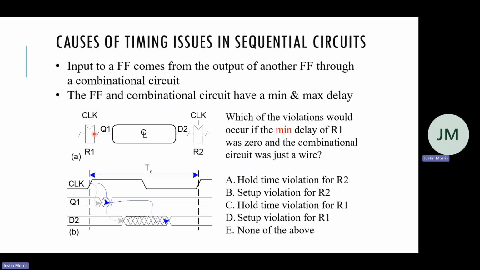It has nothing to do with whether R1 is capturing its value correctly. But for the hold time over here, you need to make sure that you're holding the input for a certain amount of time after the clock to ensure that the first latch is disabled and capturing the input that it should be capturing.